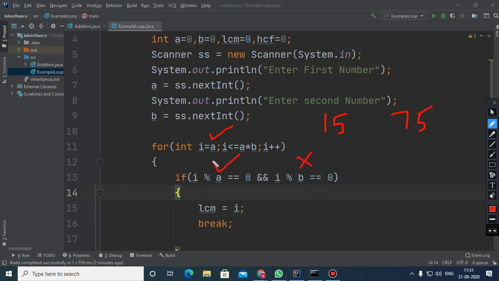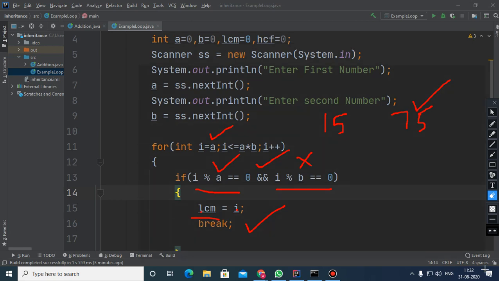Now you will check with 16, then 17, 18, 19, like that. And a time will come when the value of i reaches 75. In between these two conditions we have placed AND, which means both conditions must be true. When the value of i was 75, it is divisible by both 15 and 75, and that is why 75 got stored in this. We got the LCM.